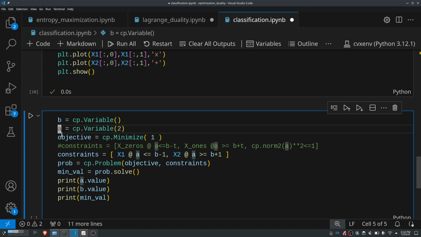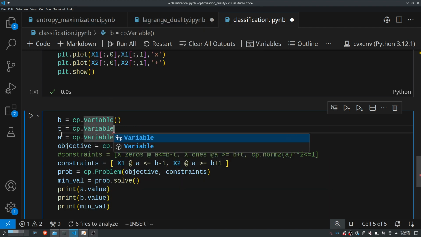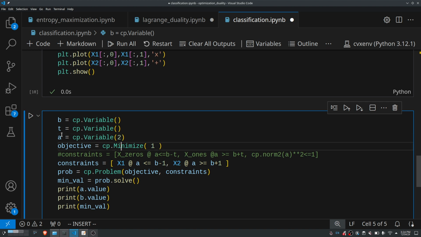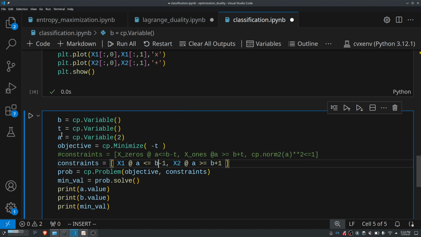I have 3 sets of variables, A, B, and T. What should I do? So I declare the variable T. My objective now is to not minimize a constant anymore, but to minimize minus t, or maximize t, the half width of the strip. 2t is the entire width of the strip.